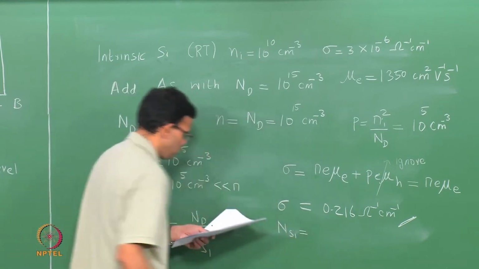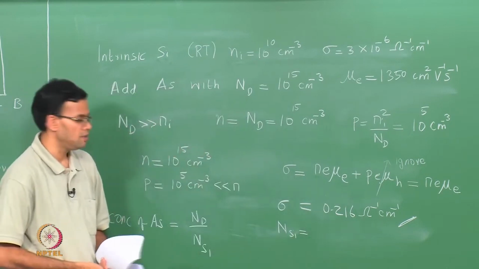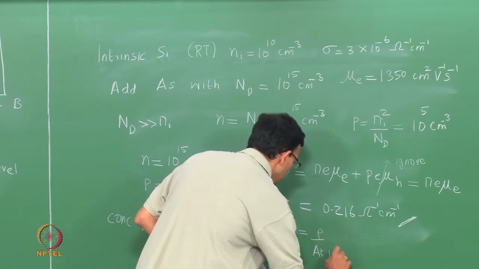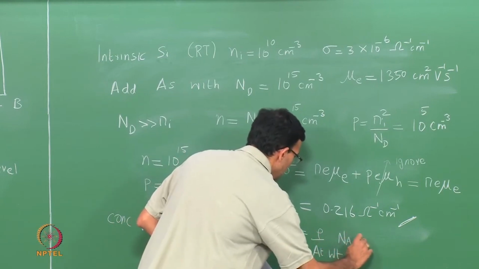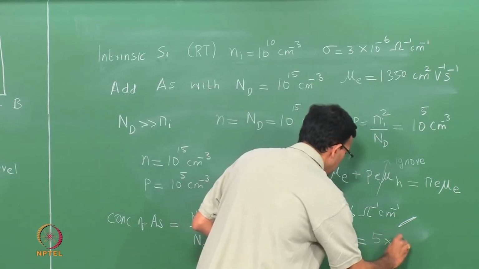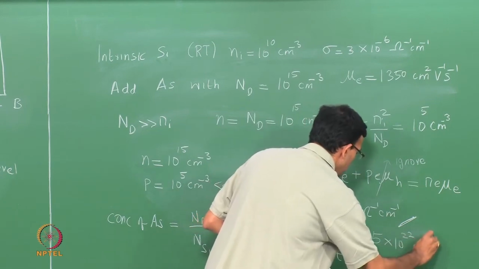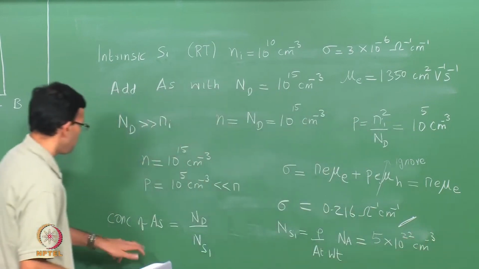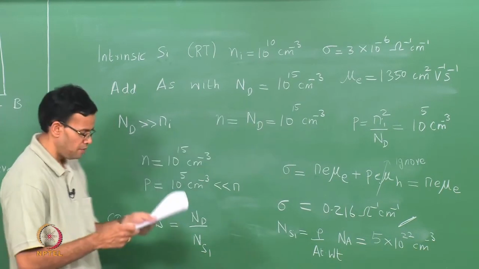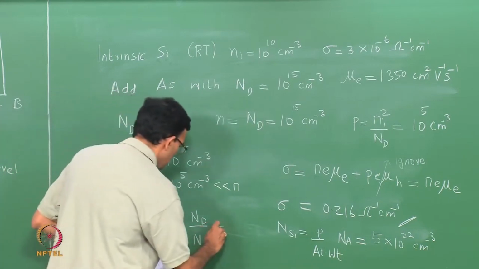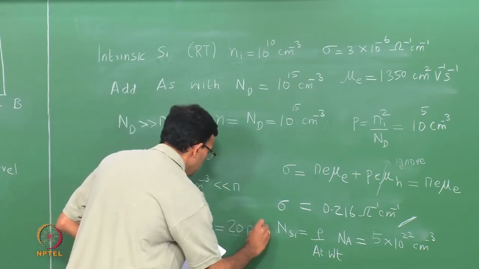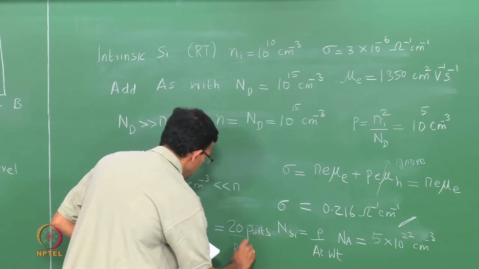Again, we have done this before, it is nothing but the density of silicon divided by the atomic weight times the Avogadro number, which is 5 times 10 to the 22 per centimeter cube. So, the concentration of arsenic is 10 to the 15 divided by 5 times 10 to the 22, which if you do is around 20 parts per billion.